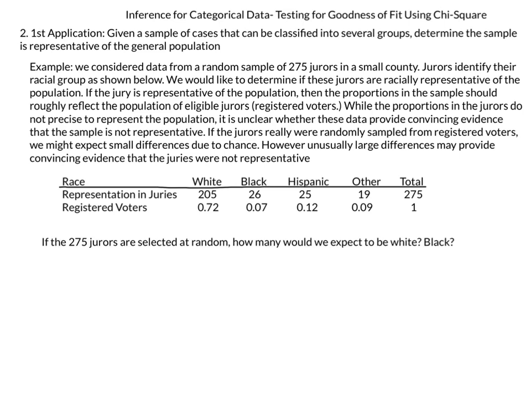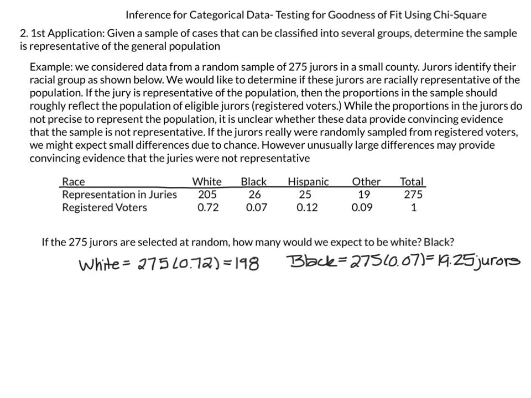Our first question: if the 275 jurors are selected at random, how many would we expect to be white? How many would we expect to be black? So we know the total number of jurors and we know the proportions according to the population. We would expect out of the 275 jurors, 72% or 0.72 to be white. So that will be 198.